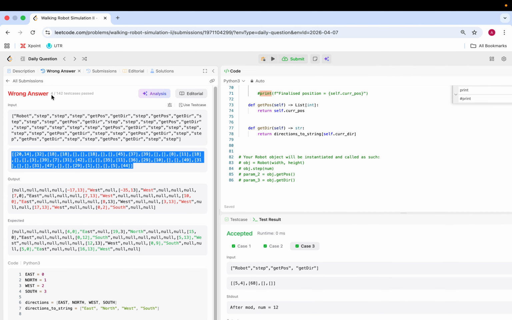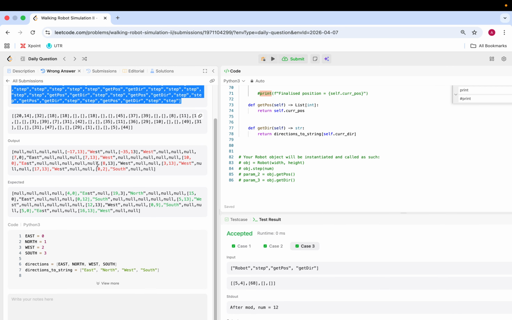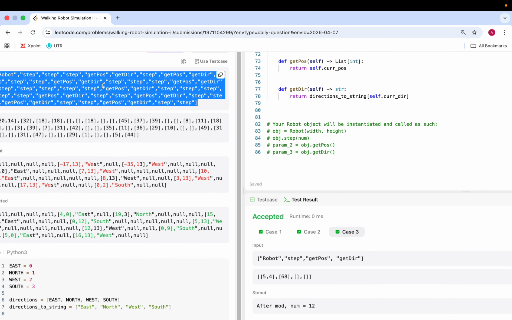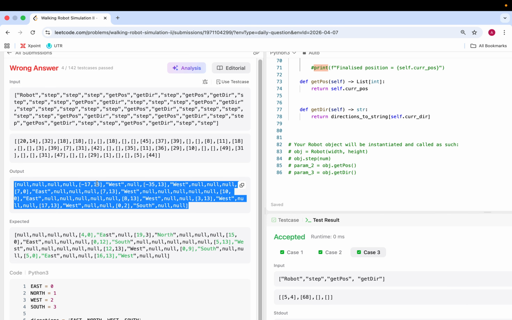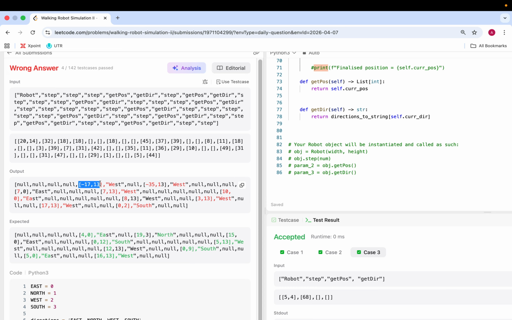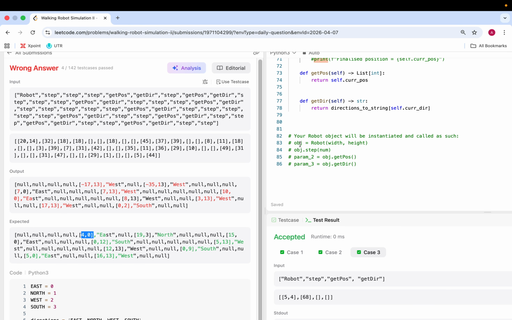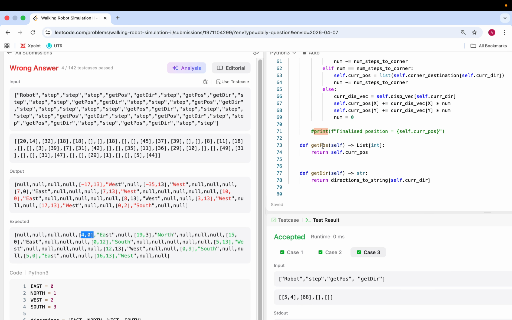Damn, I didn't even get past 4. I don't really have as much time as I normally would like. Whoa, wait, so step, step, step, get position. I get -17 straight away. I get immediately hit with a negative instead of 4. How?